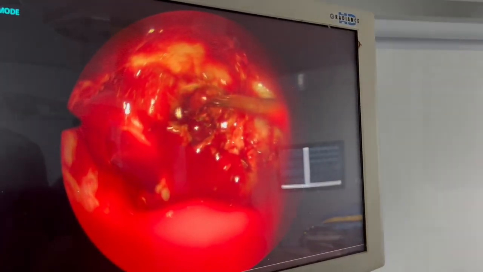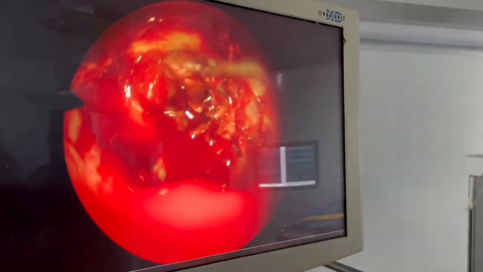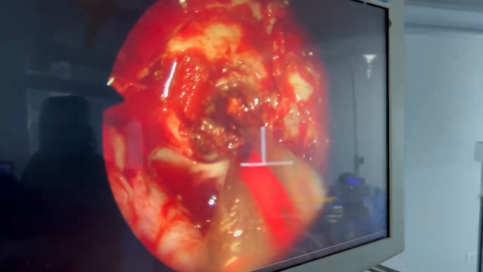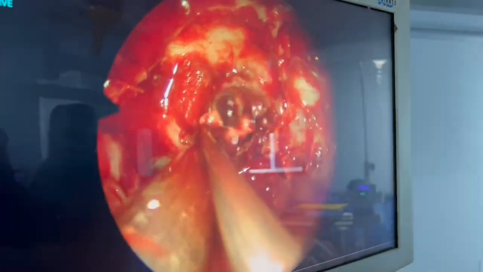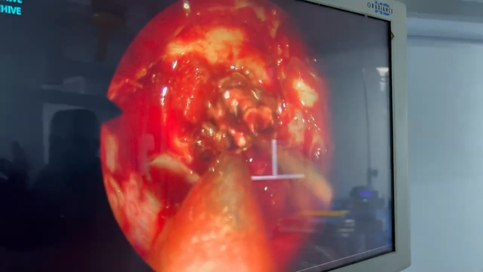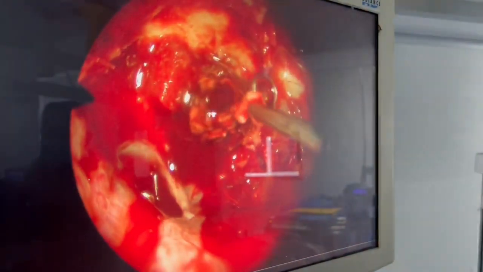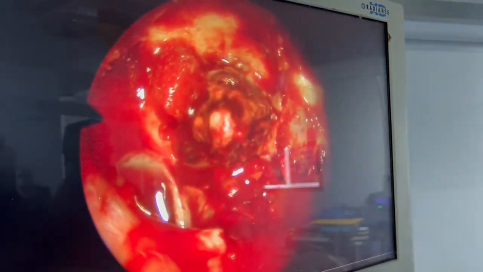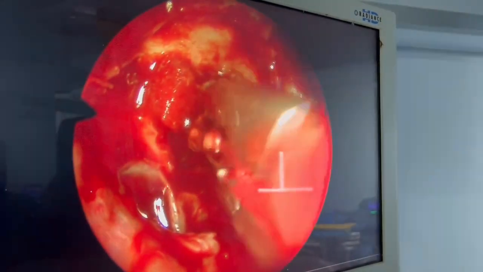If there is apoplexy or a large hematoma like this case, evacuate the clot first for decompression. After decompressing the central part, dissection planes are usually easier because of the apoplexy, and the tumor capsule collapses automatically into the sella after clot removal.